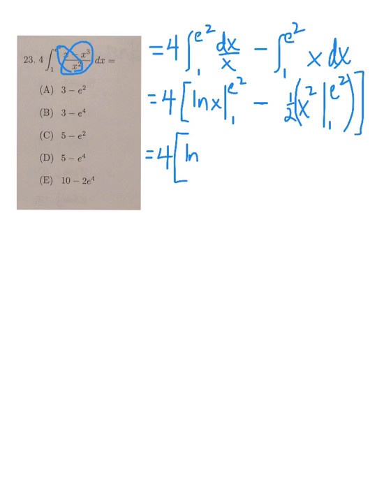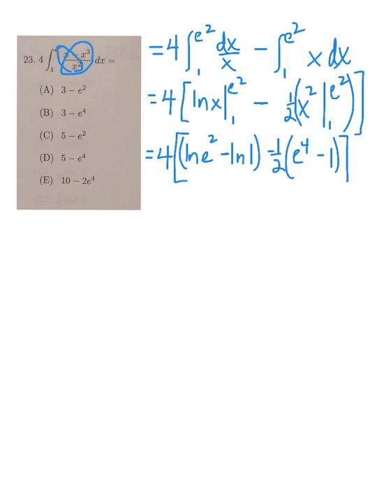So I have the ln of e squared. I'll deal with that in a minute, minus the ln of 1. So that's from the first integral. Minus 1/2, and then I have e squared squared, which is e to the 4th, minus 1.